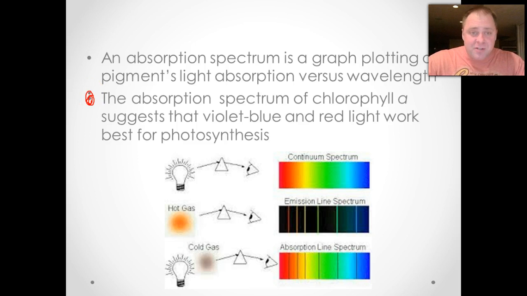So specifically, it turns out for chlorophylls A and B, violet, blue, and red tend to be the types of light that actually work best for photosynthesis. So not green light, but those other colors. Those are the colors of light that are actually going to help, we'll find out later, move electrons around on the thylakoid membrane and help us to produce more ATP.